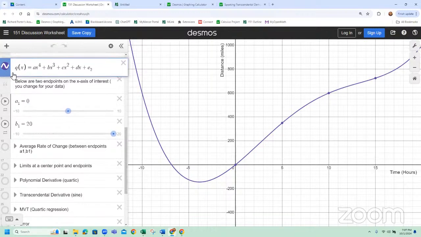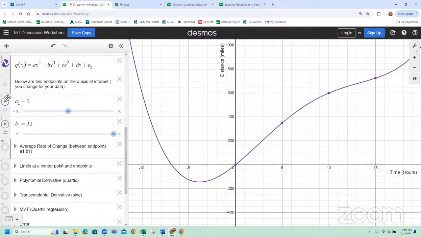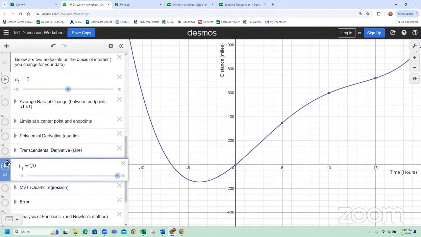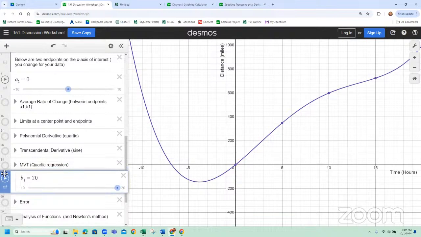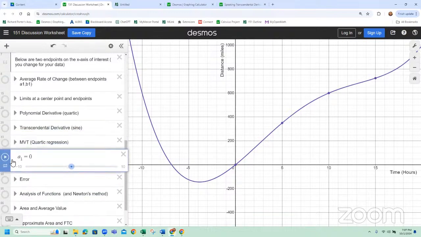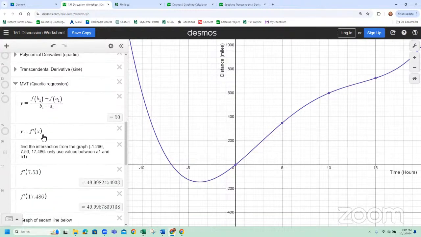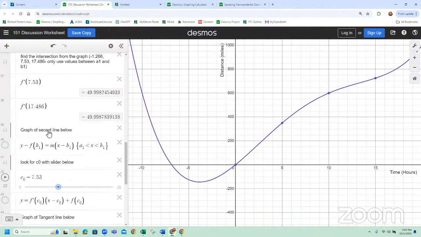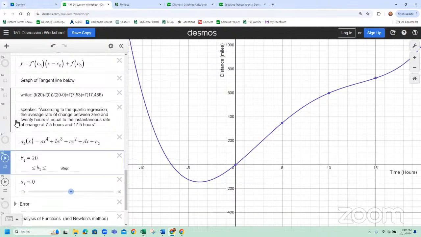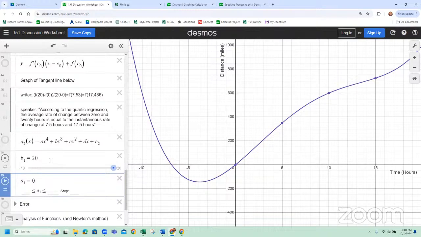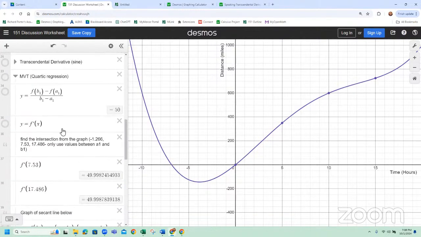First of all, you need to know this is a quartic regression. I'm going to move a and b down here, then open up the mean value theorem. Where did a and b go? Oh, here they are. Let me move them up. It might just be easier to do it this way. I'm just going to put in 0 and 20.